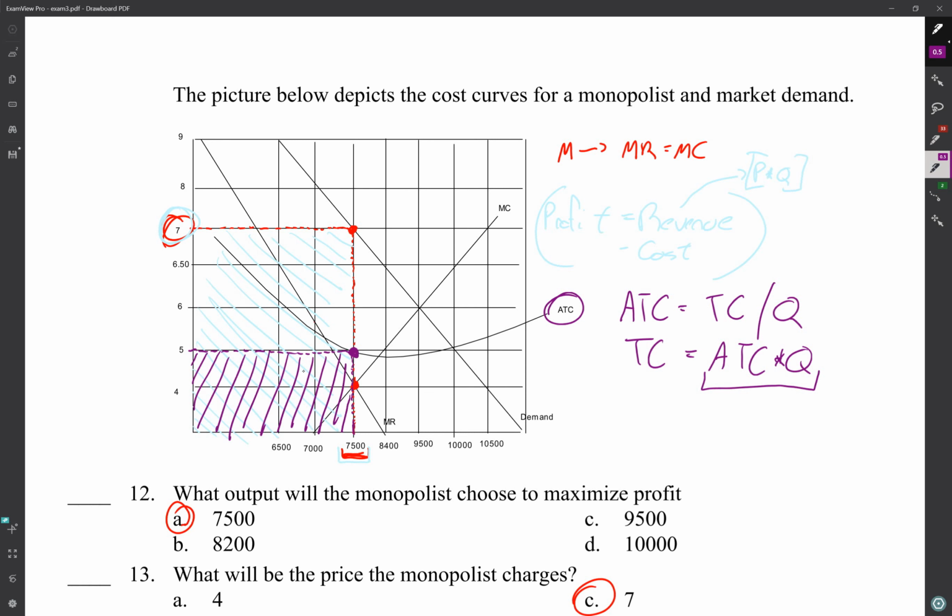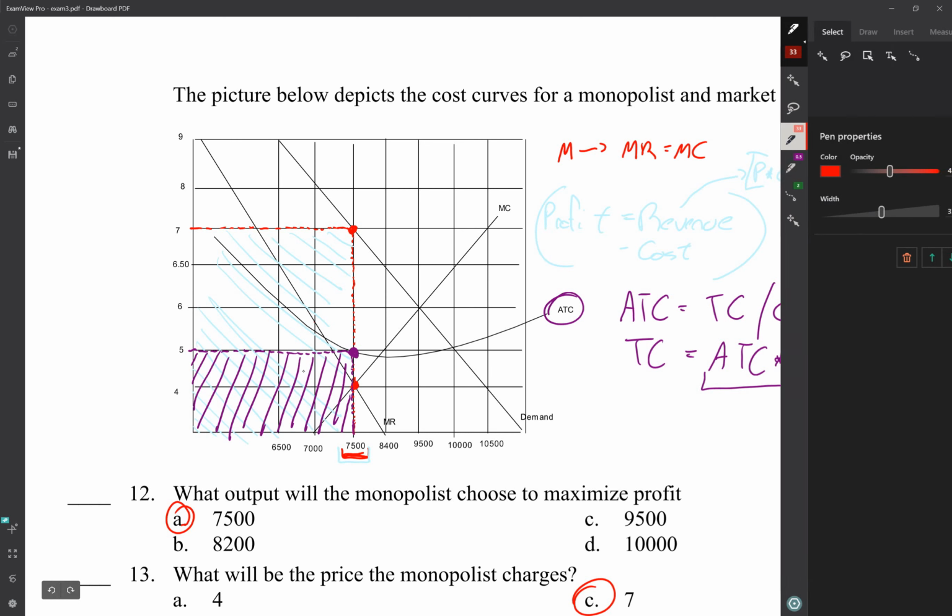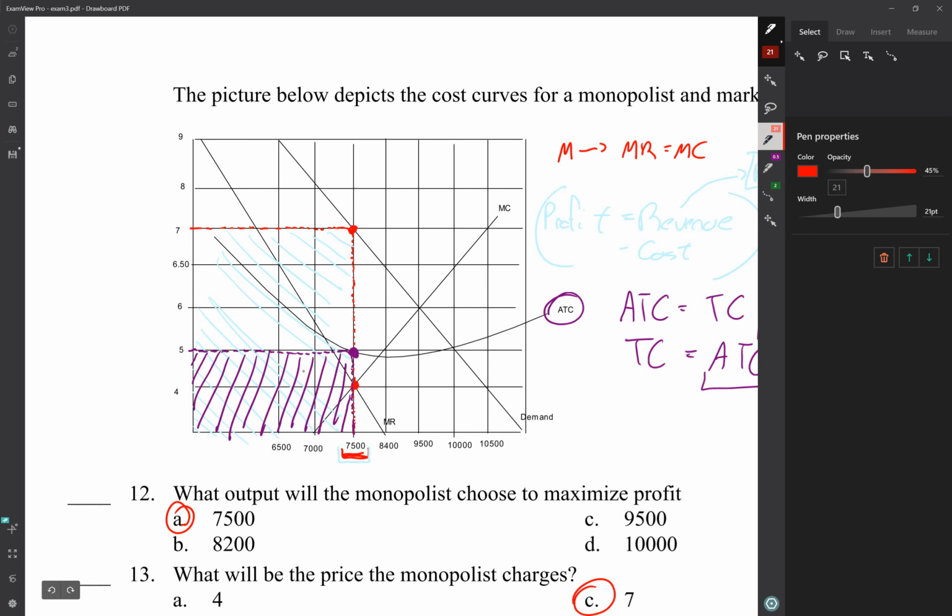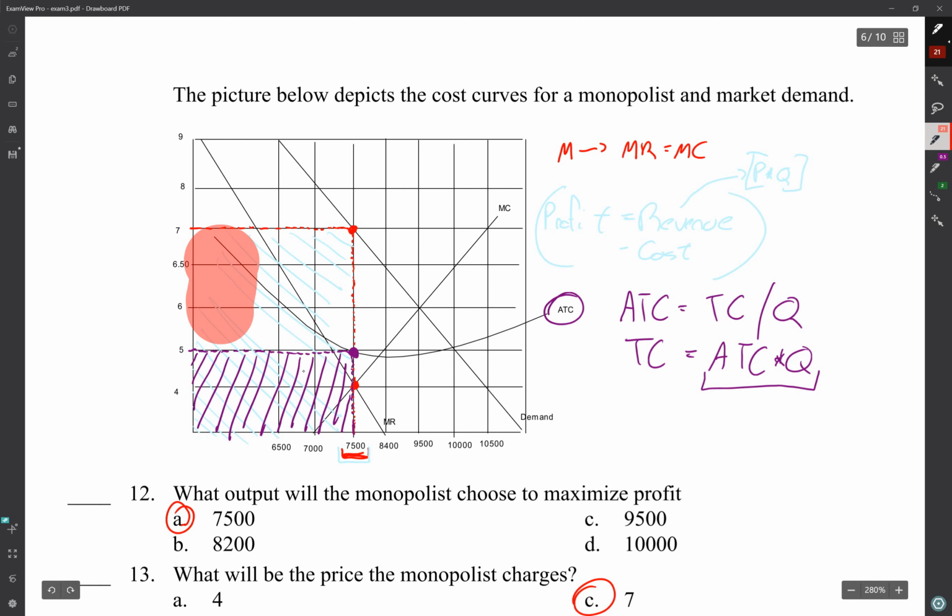Okay, and remember, profit is just the difference between revenue and cost. So this area here, well, that was way too big. Let's make this a little smaller. This area here is going to represent our profit.